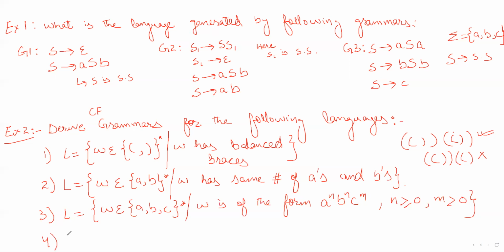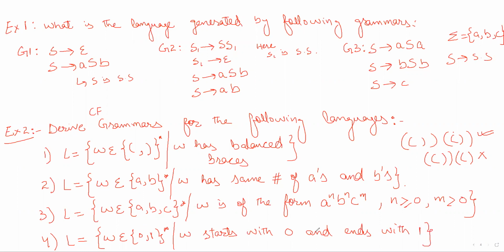Fourth is L equal to W belongs to {0, 1} star such that W starts with 0 and ends with 1.